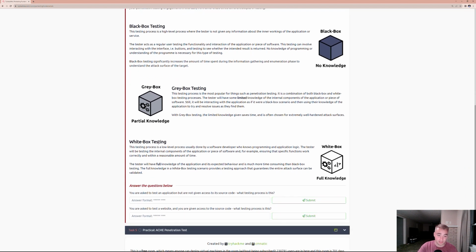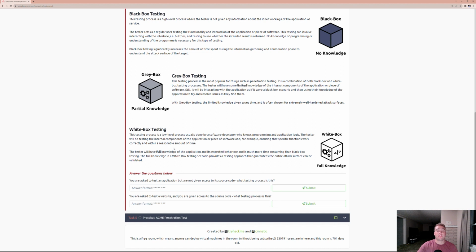White box testing is basically if you are given literally everything. You're given the source code to look at that you're testing. You're given full knowledge of basically the environment or the application itself, just full 100% perspective on literally everything.